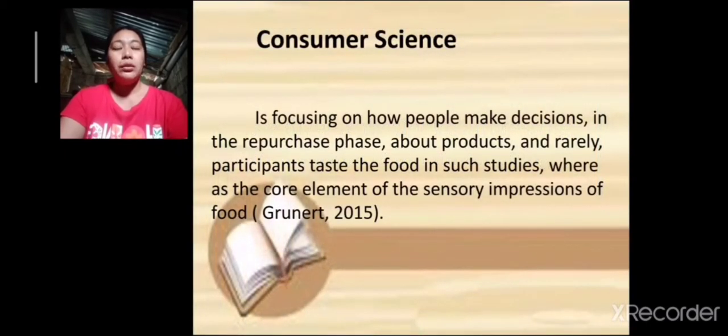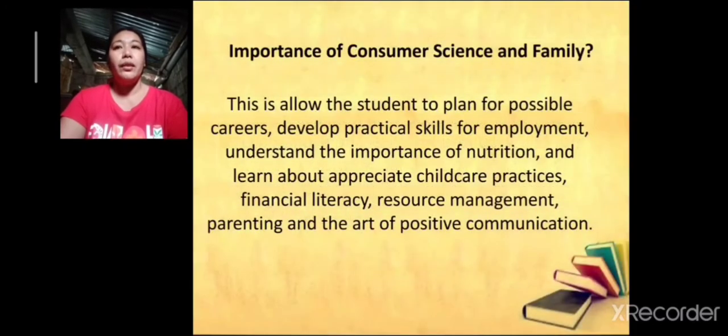According to Gruner 2015, consumer science focuses on how people make decisions in the purchase phase about products, and rarely do participants taste the food in such studies, whereas the core element is the sensory impressions of the food. Consumer science explores the individual's behavior in relation to food, clothing, textiles, housing, nutrition, and food security.